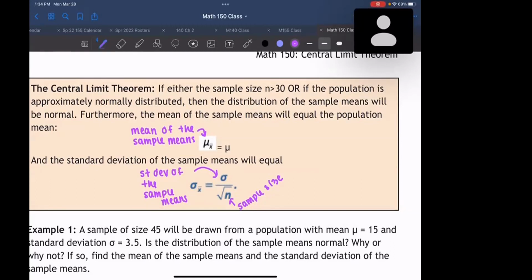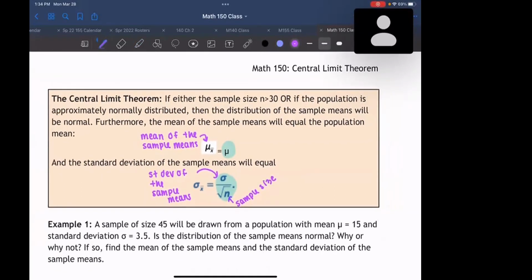All you have to know is that they stand for the mean of the sample means and the standard deviation of the sample means. But I do want you to memorize these two formulas: the population mean, and sigma over the square root of n. I know this sounds a little crazy, but once we get through a few examples, it will make a lot more sense.